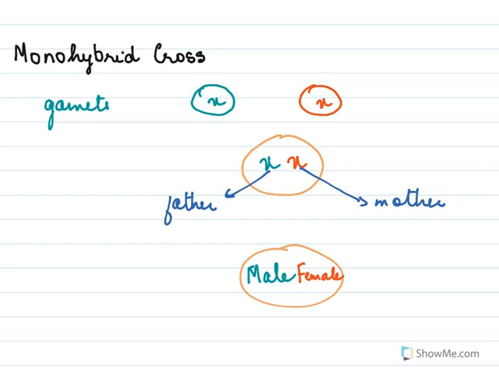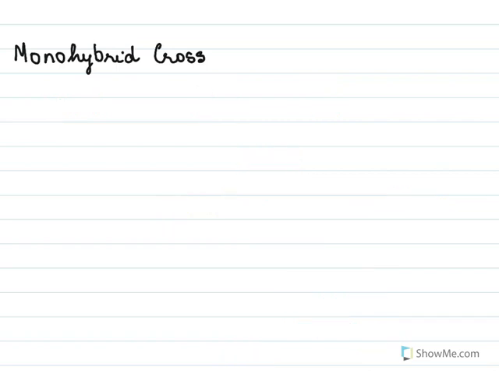However, when this organism then reproduces and forms gametes, the 2X becomes again X and X when this offspring is ready to reproduce. In the monohybrid cross, Mendel took the characteristic of height. When you talk about height, you can have two contrasting characteristics, tall and short.